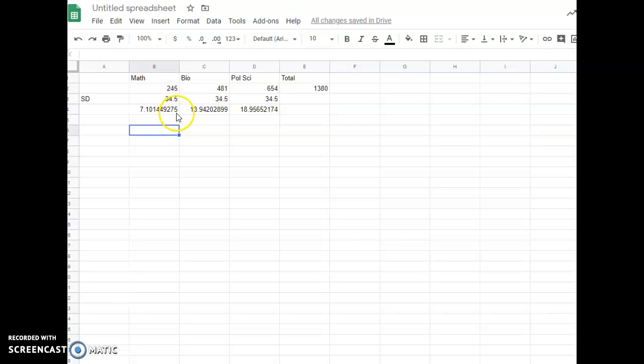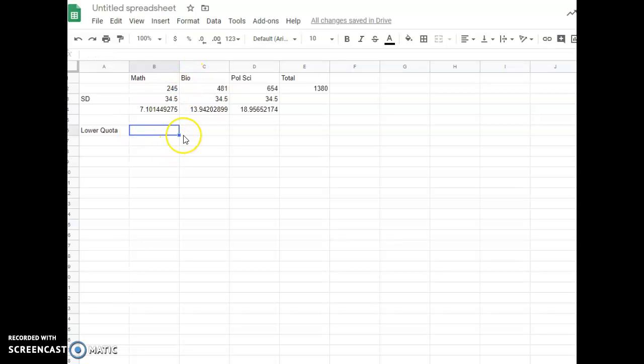Now, what do I need to do? Well, we need to figure out our breakdown. So, what are my lower quotas? Now remember, this is where you've got to be careful, because if you format your cells to round, it's going to naturally round up.